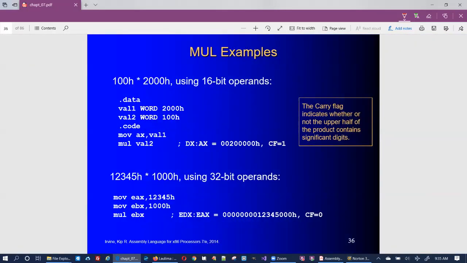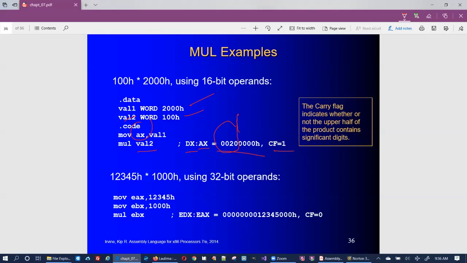So here are some examples. We're going to multiply this by this. We load the first value into the AX register. We can just multiply by the multiplier, as we can reference that directly, and the result is going to be in DX:AX, spread across that way. The carry flag indicates whether or not the upper half of the product contains anything. So in this case, the carry flag is going to be 1 because the upper half contains something.